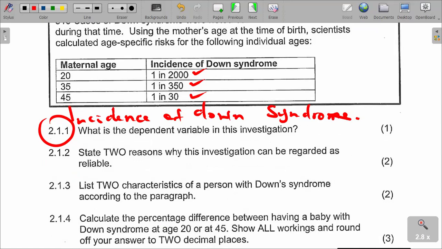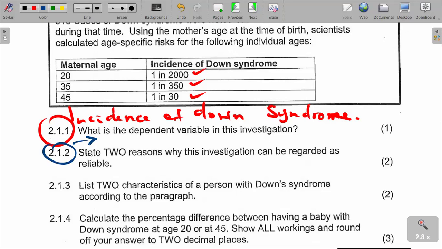And state two reasons why this investigation can be regarded as reliable. For an investigation to give results which are confirming what is to be studied, it can be based on various reasons.